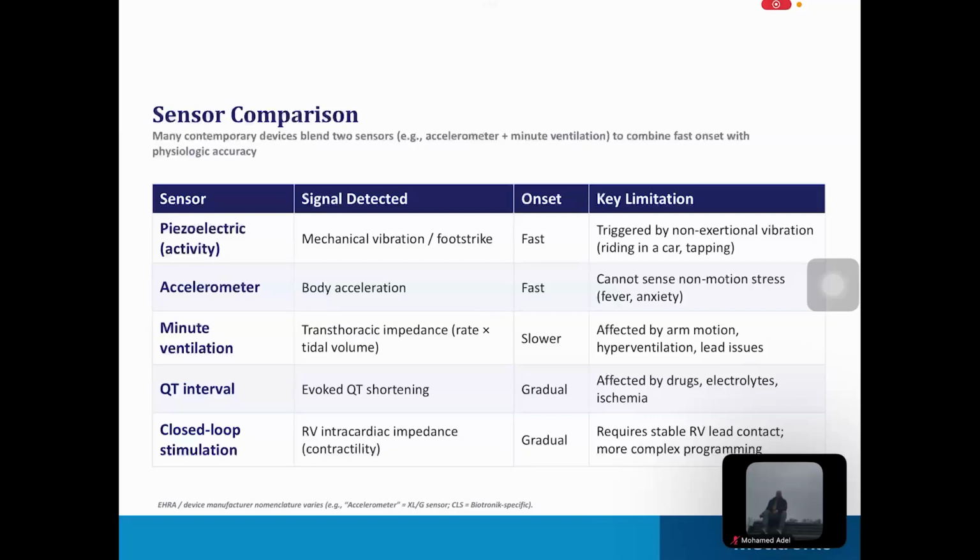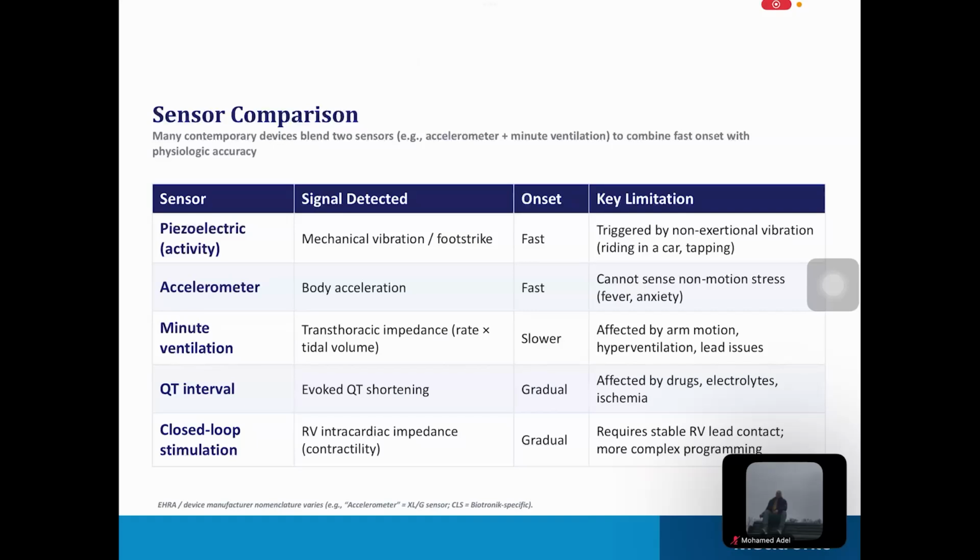It is mechanical vibration. It will sense any vibration on the chest mechanically, and when this vibration decreases, it will stop. If vibration increases, it will activate the rate.